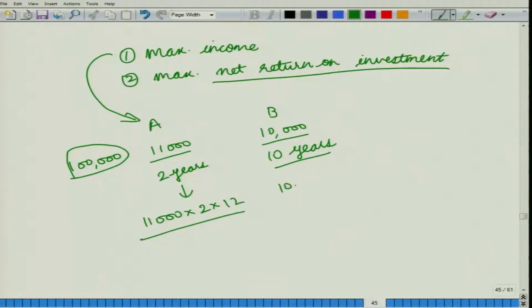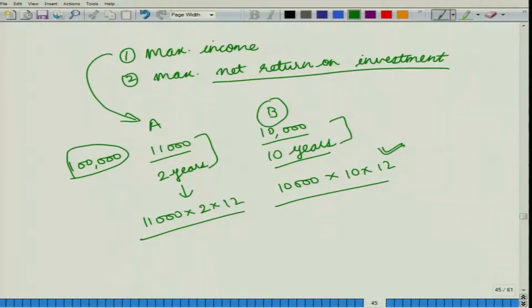In plan B, you are getting 10,000 multiplied by 10 years multiplied by 12 months. Obviously, the net return that you are getting out of plan B is much greater than that of plan A, because in plan B you are getting it over a longer time span, whereas in plan A you are getting it over a shorter time span.